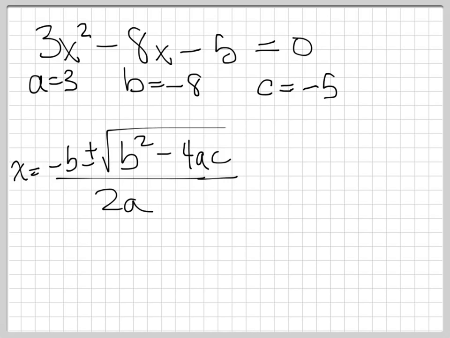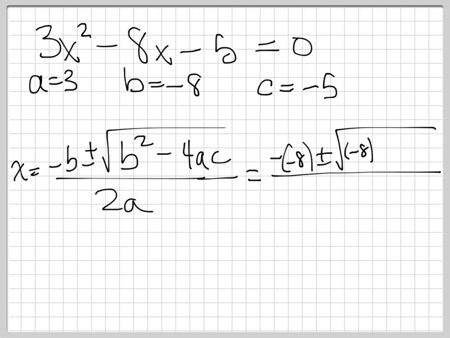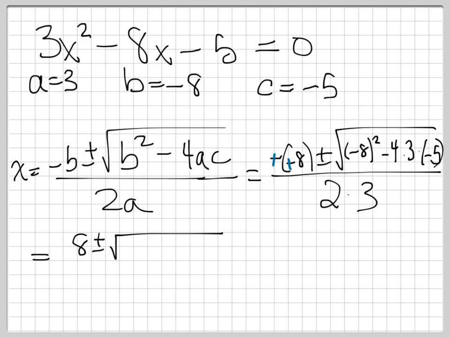And so we can now plug in negative 8 plus or minus the square root of negative 8 squared minus 4 times 3 times negative 5 all over 2 times 3. Now, this is where we have to be very careful. Two negatives make a positive, so I'm left with 8 plus or minus the square root of negative 8 times negative 8, this right here is 64.